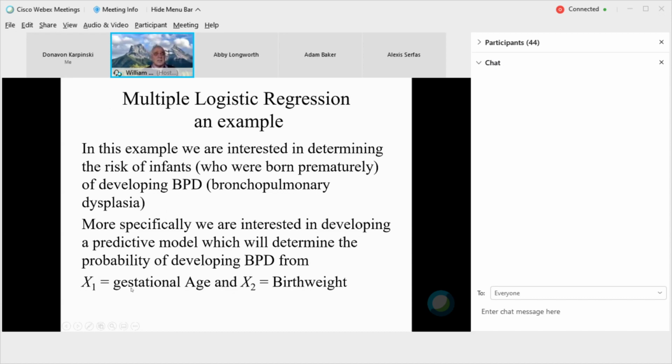That's the age of the child from conception, and its birth weight. We'll be able to see that the chance of it developing that condition is less if its gestational age is longer. Mainly, it's not as premature as could be. And if it has a higher birth weight, it'll have a less chance of developing this disease.